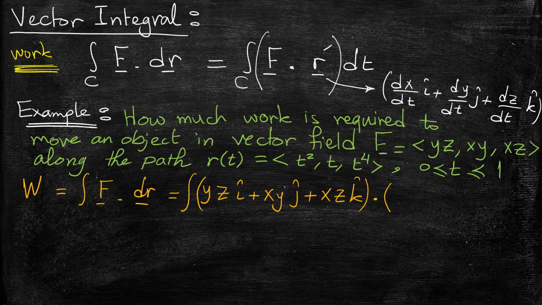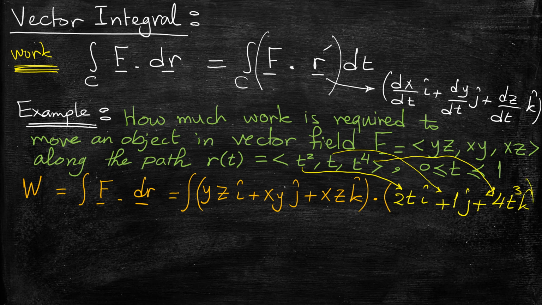r prime will be, instead of t squared here, 2t in the i direction. In the second term, it will be 1 in the j direction. The last term will be 4t cubed in the k direction, and all this integral is with respect to t. Again, don't forget that y and z are already given, so x will be substituted by t squared, y equal t, z equal t power 4.